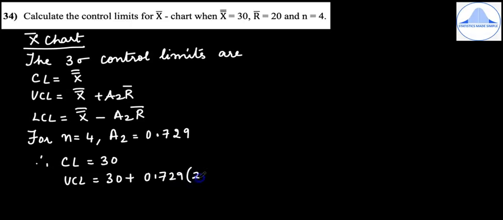Substituting, we get CL is equal to 30, UCL is equal to 30 plus 0.729 into 20, which is equal to 30 plus 14.58, which is equal to 44.58.